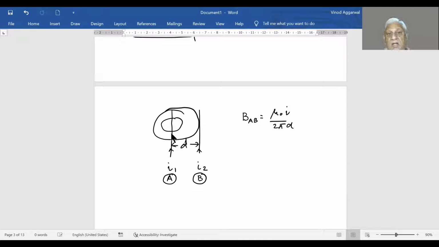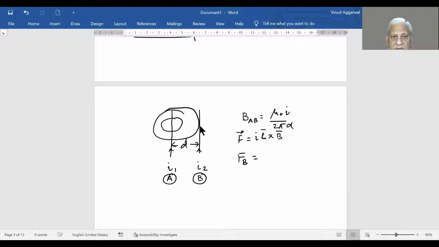We have also seen that if there is a conductor carrying current in a magnetic field, it will experience a force. And what is this force equal to? This force is equal to current times L cross B. So what will be the force experienced by B?